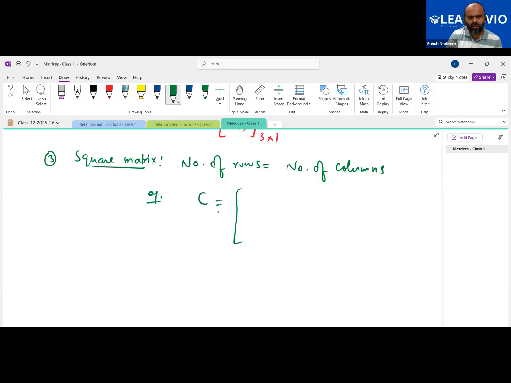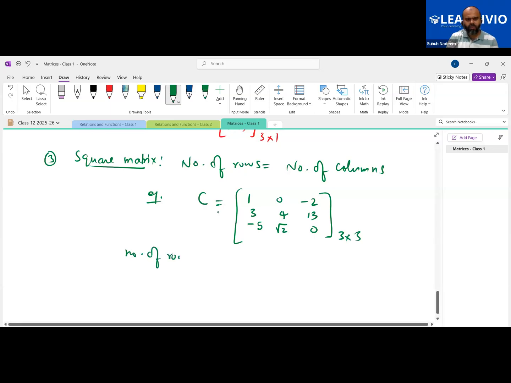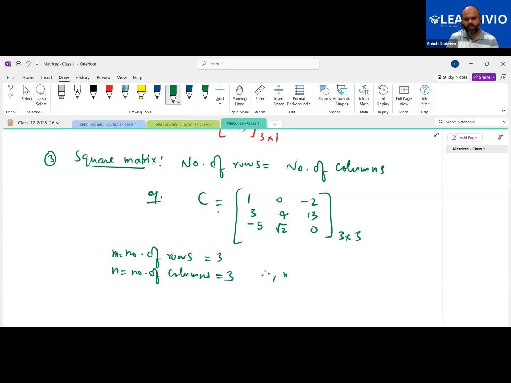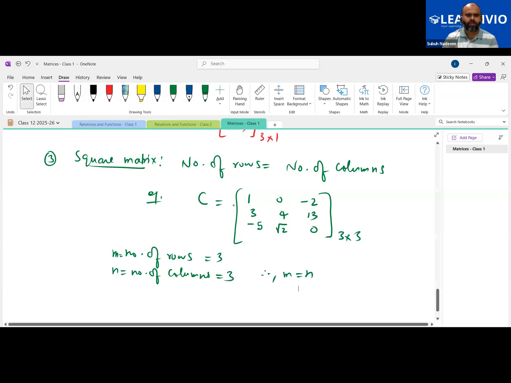Suppose the C matrix is 1, 0, -2, 3, 4, 13, -5, root 2, 0. This is a 3 cross 3 matrix. The number of rows, which is m, and the number of columns, which is n, are both equal to 3. Therefore m is equal to n. So this is called a square matrix.